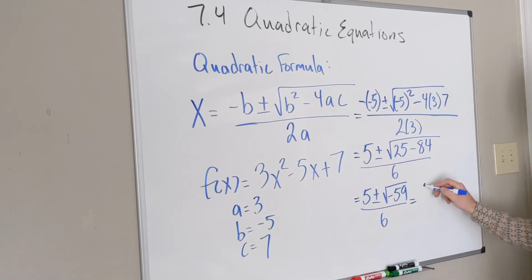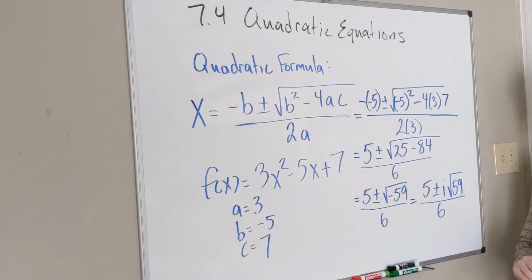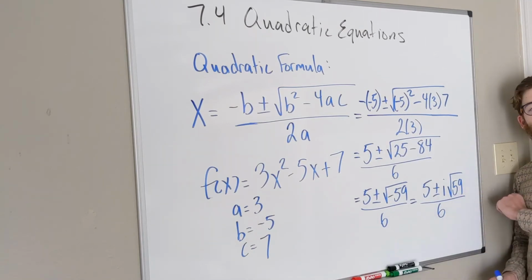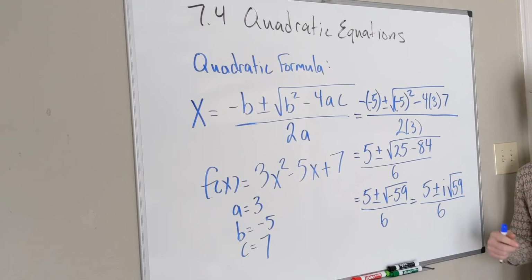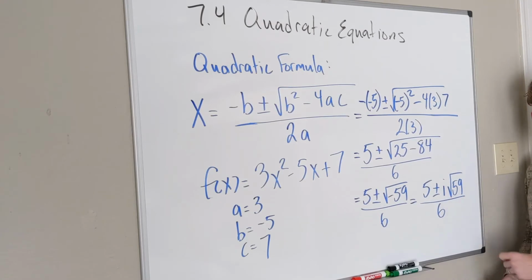An i. So I have 5 plus or minus i square root of 59, everything divided by 6. If I have an i, is this real or imaginary? It's imaginary. So there are two plus and minus imaginary solutions.